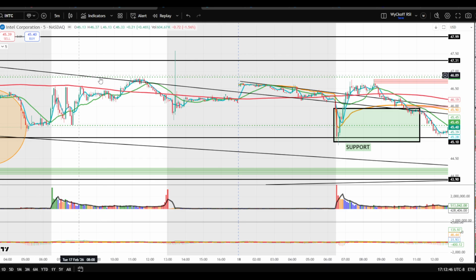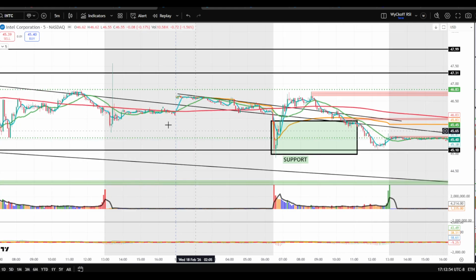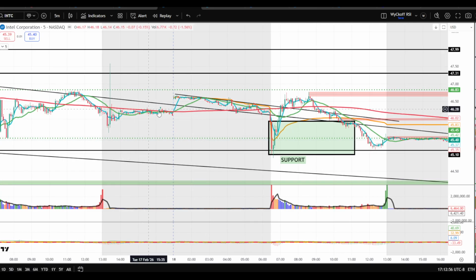And we have this trend line on the bigger time frame that it was very close to. So you have resistance support levels, the 200, the 5 and the 20. That's what I have here. And then you have this trend line.